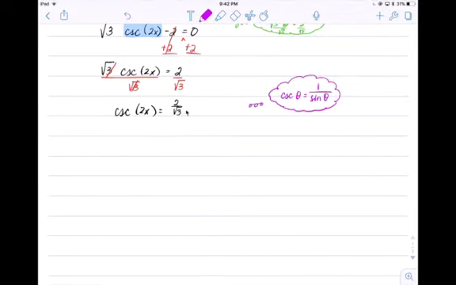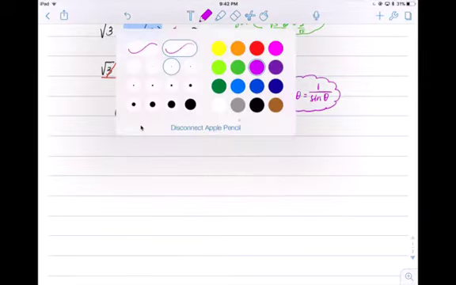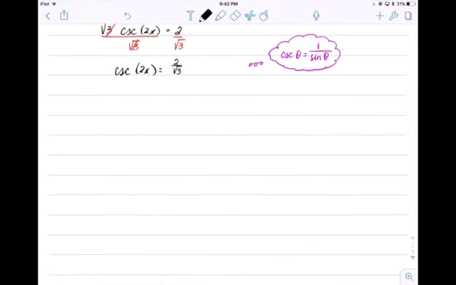So if I flip this fraction over, I should get sine. That's the trick I'm going to apply here. Cosecant of 2x is the same thing as sine of 2x, except that since they're reciprocals, my fraction is also going to be the reciprocal.